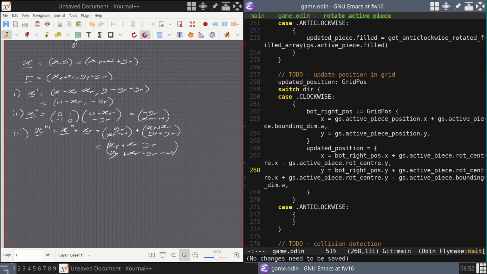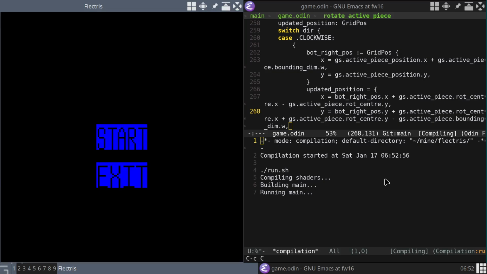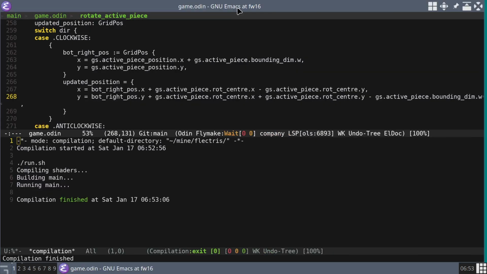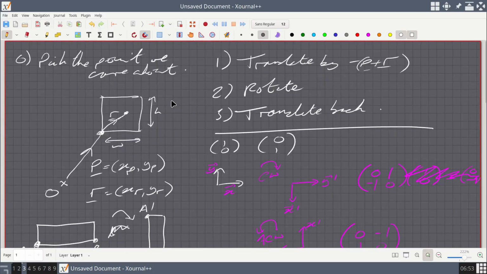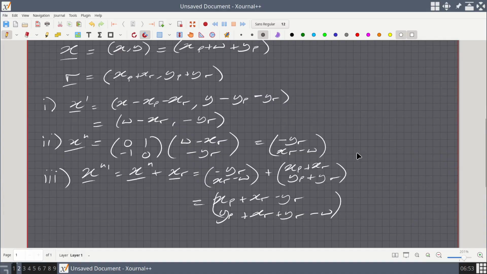So if we go and run that, we will see if we can rotate clockwise and it makes sense. Okay, it does not make sense. That's pretty funny. What did we mess up? Well, clearly something's gone wrong in here. My logic about translating is wrong, because it looks like it's rotating it not about the point I'm expecting.